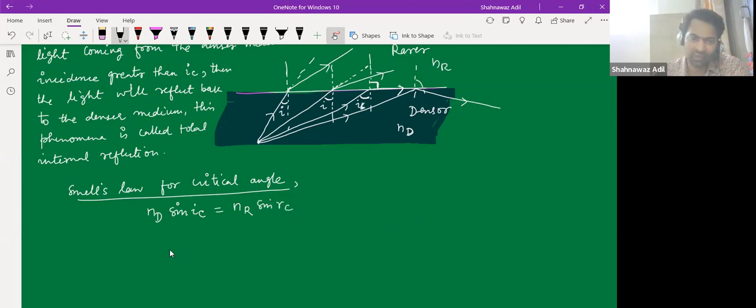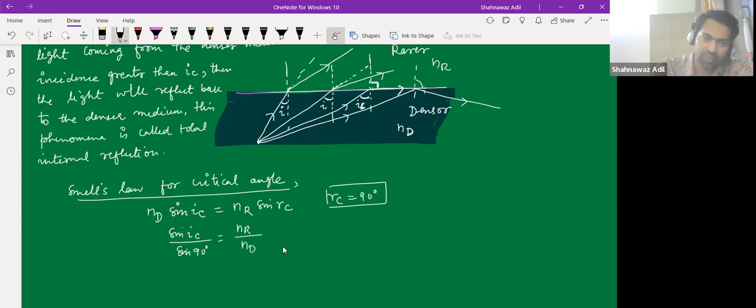So in this way, we should always tell sine IC by sine RC, and RC is how much? That is 90, right? Because this is from the normal, this is making an angle 90. So sine 90, and this is N_R divided by N_T.